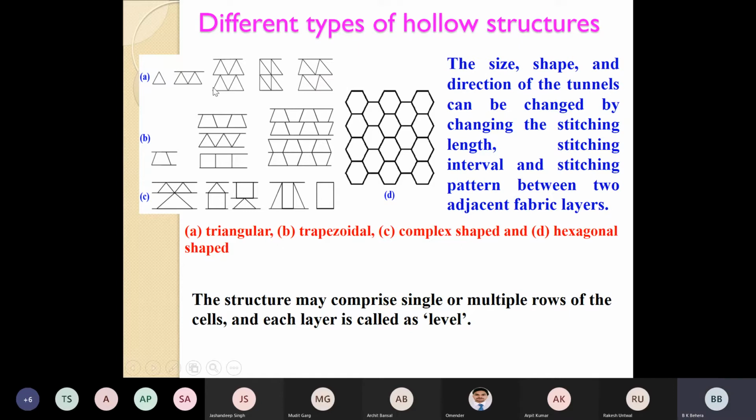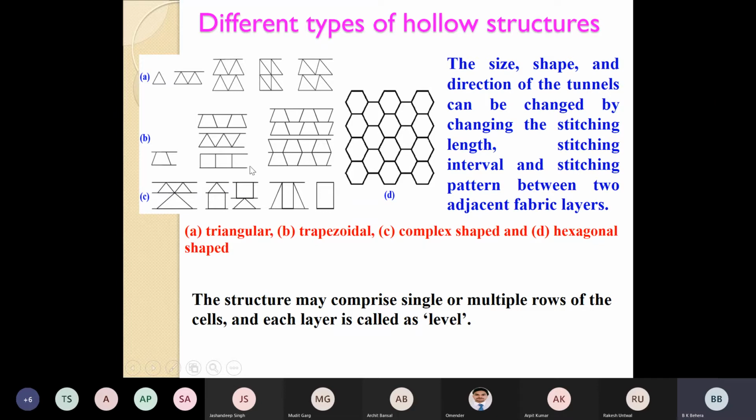Change of cell geometry of a composite hollow structure completely changes the mechanical properties this composite offers, particularly energy absorption capability. When such composite materials are subjected to compressive load or impact load, because of these complex supporting walls, the energy absorption capacity of these composite materials will be different.